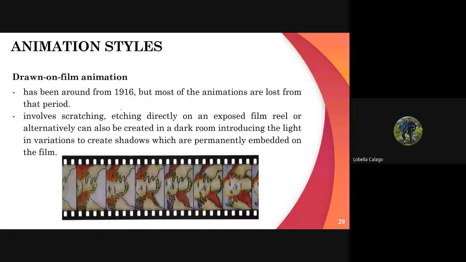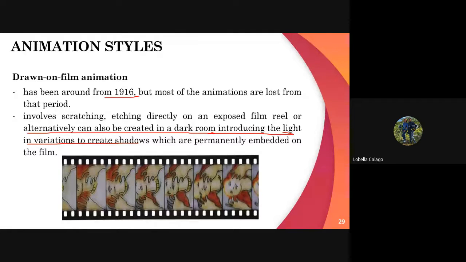Meron din tayong drawn-on-film animation. So, sa film na po. So, it has been around since 1916, but most of the animations are lost from that period. So, it involves scratching and etching directly on an exposed film reel, or alternately can also be created in a dark room introducing the light in variations to create shadows.